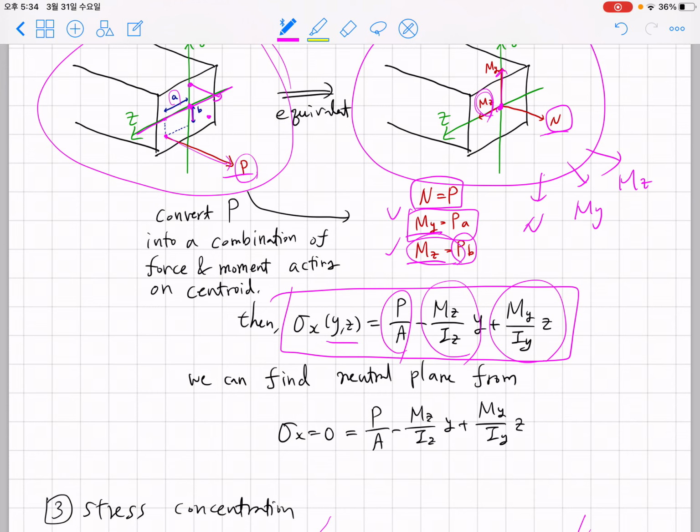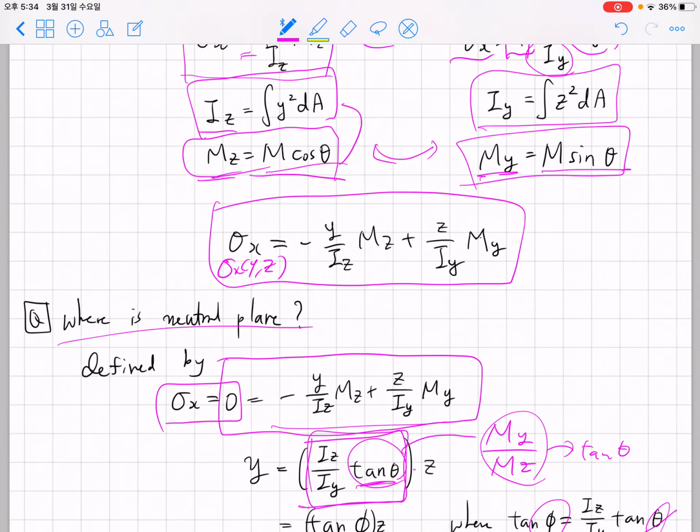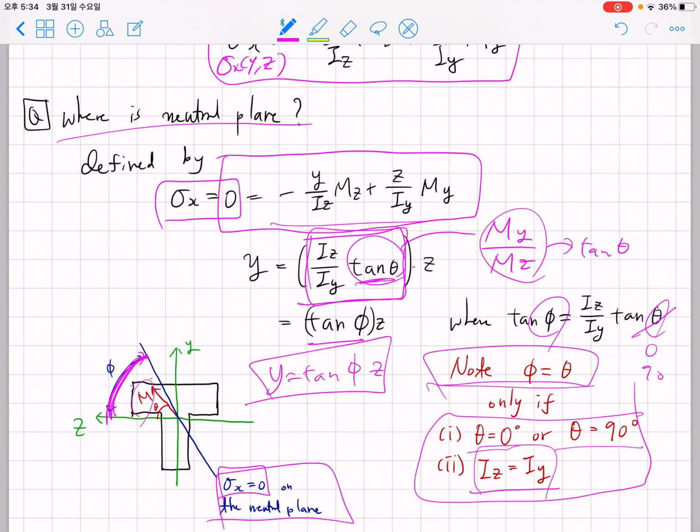And you can of course find the neutral plane from this equation, setting it equal to zero. So you can see that we are adding one more complexity. In the previous example, even though our moment was not parallel to the neutral plane, the neutral plane at least went through the centroid point, right?